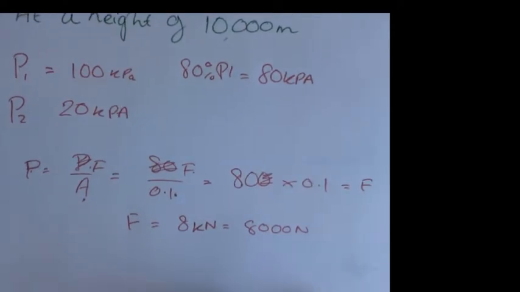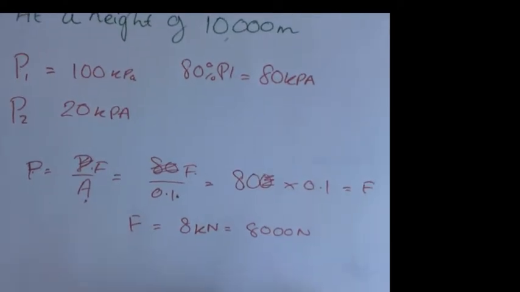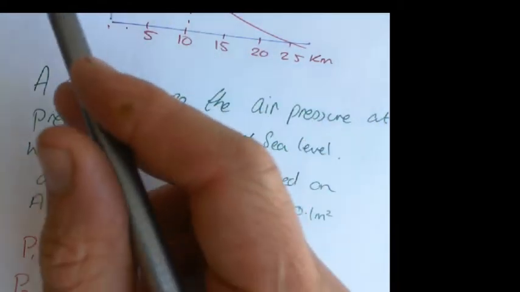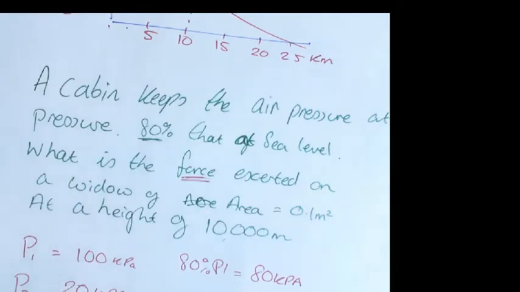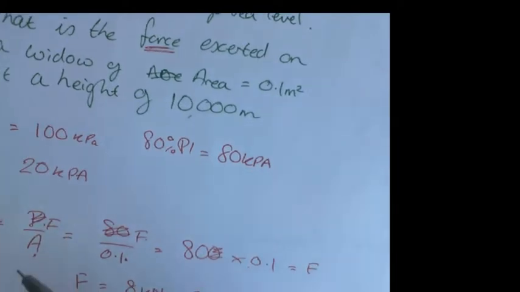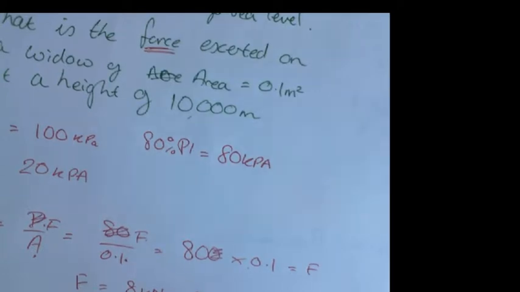And the tricky bit is remembering that at a greater height you're going to have less pressure. The difference in that pressure will create a force, and if you know what the area is, you can work out what that force is.